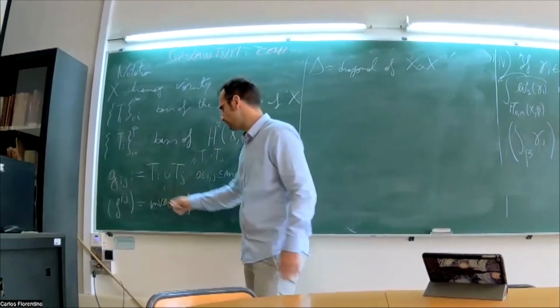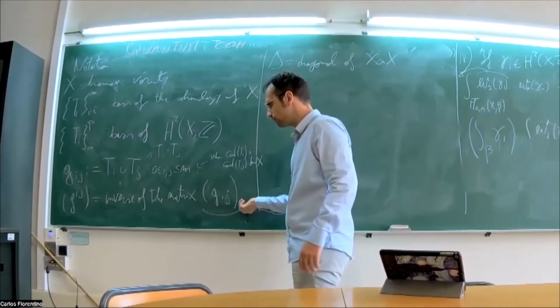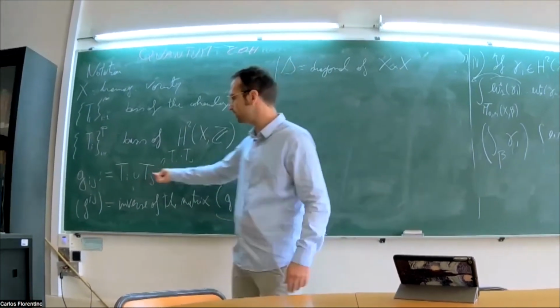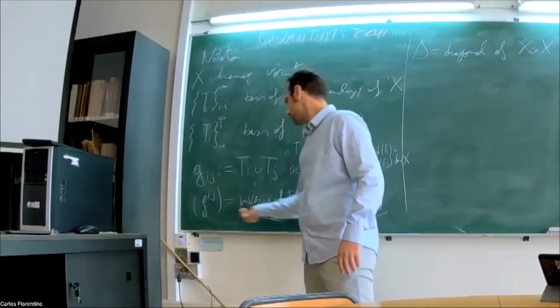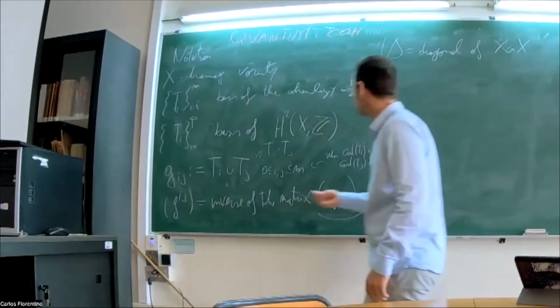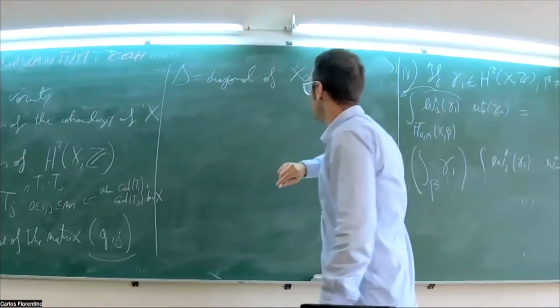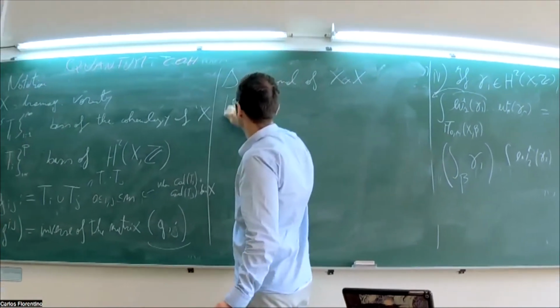We denote this matrix with these symbols. This is the matrix of all intersections, and this is the inverse, and this is the diagonal of X times X.